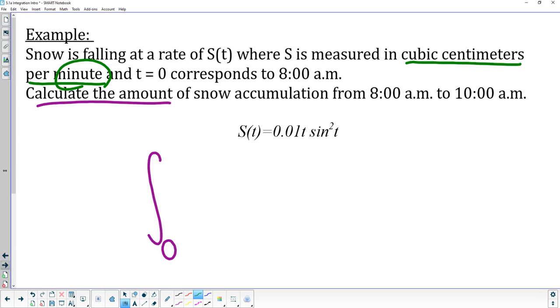So I need my independent variable to be in minutes. Well, I'm going for 2 hours, from 8 to 10, so that would be 120 minutes. All right, and then I'm going to sum up a whole bunch of rectangles. The height is going to vary, but it's going to vary according to this formula. It's whatever the y value is there.